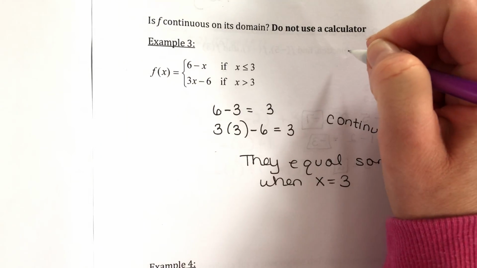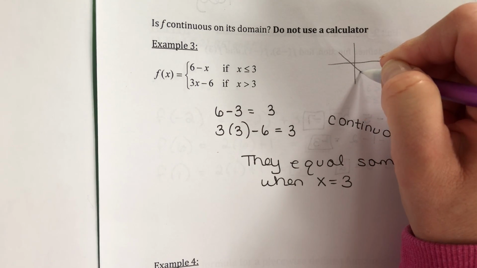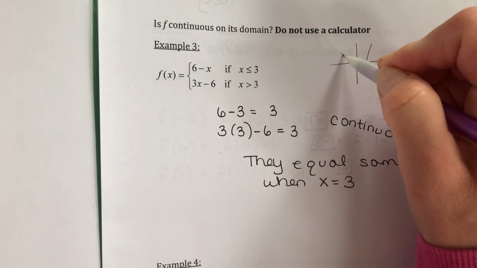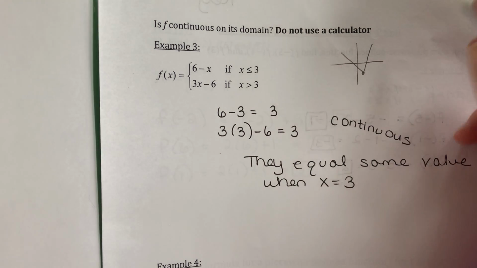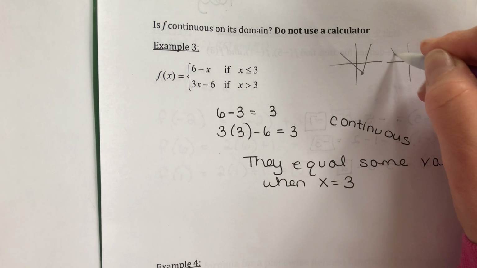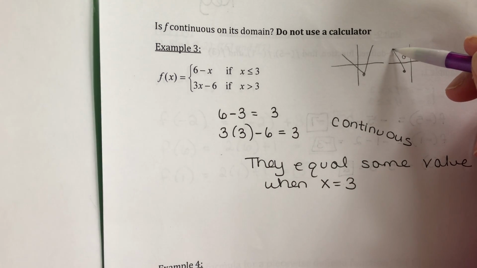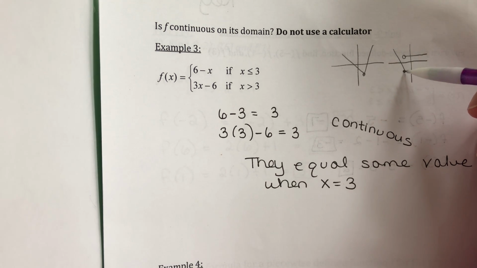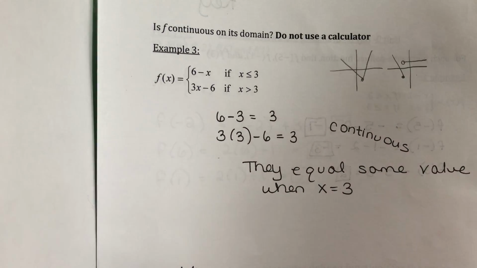So in other words, if I was to draw a graph that looked like this and put my pencil tip down, it is continuous, because see how I can just keep going without lifting my pencil? But a graph that would not be continuous would be something like this. If I trace this down with my pencil, it stops here. In order to pick up the graph, I'd have to go up and over here. So this would be continuous, this would be discontinuous.